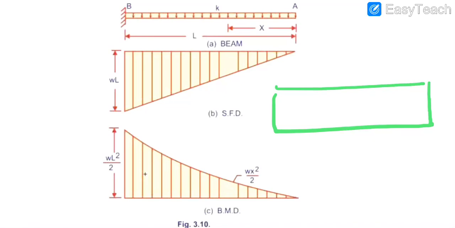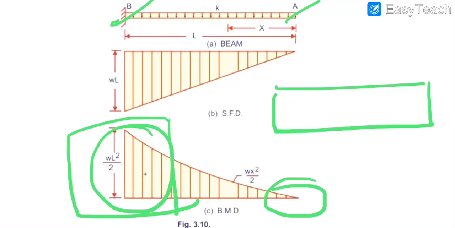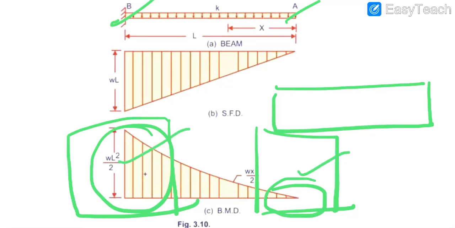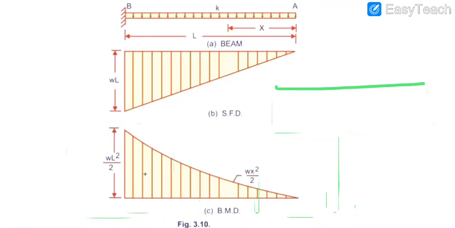But here from the bending moment diagram, it is obviously visible that the bending moment is lesser at point A and greater at point B. So we need not provide the same depth at point A as required at point B. We can differ the depth at point A and point B so that we can reduce the amount of concrete being used, isn't it?